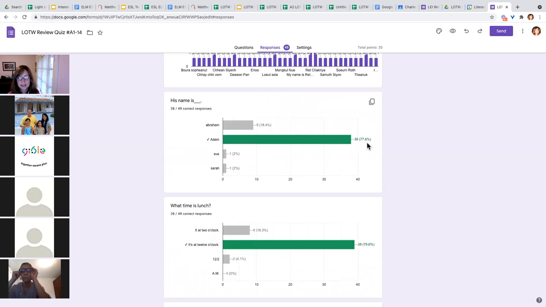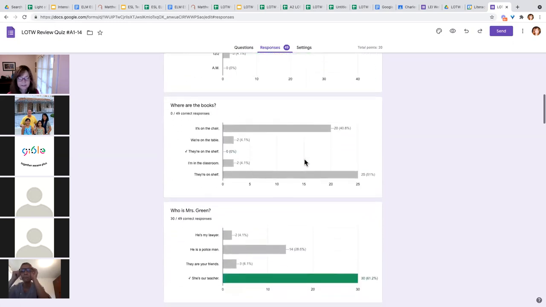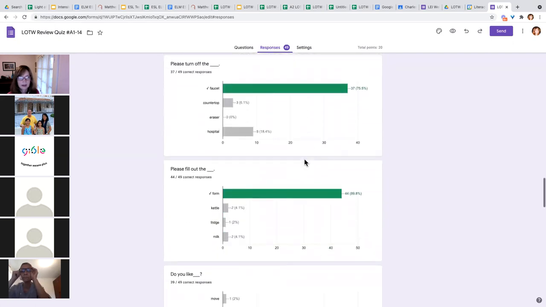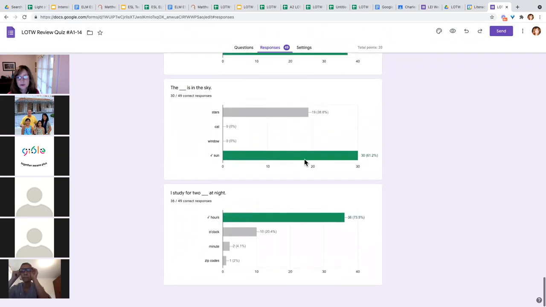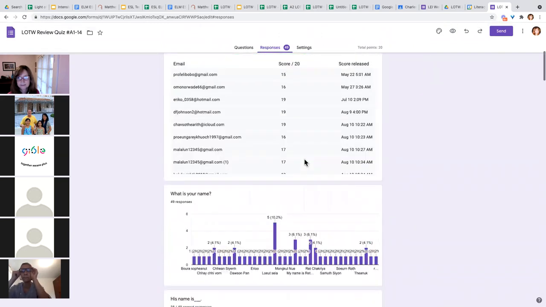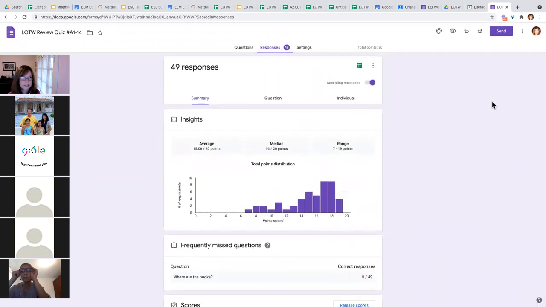So like this question, 77% of the students got that right. Mm-hmm. And you can go through and you can also see the individual responses for each student and see how they did. But you need to make a copy of it in order to do that. And again, that's advanced. Great.